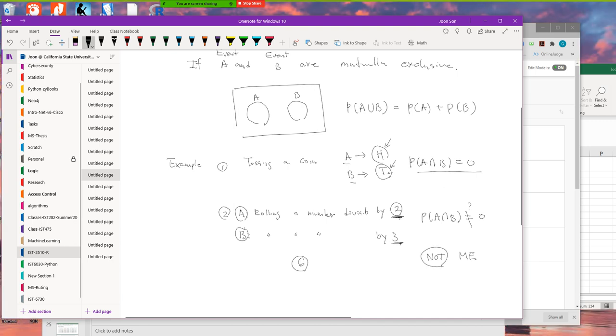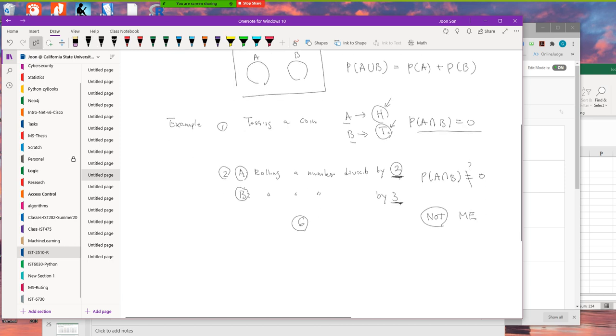And I think this is another interesting example. Let's say rolling a die and rolling a non-prime number. Event A is rolling a non-prime number.